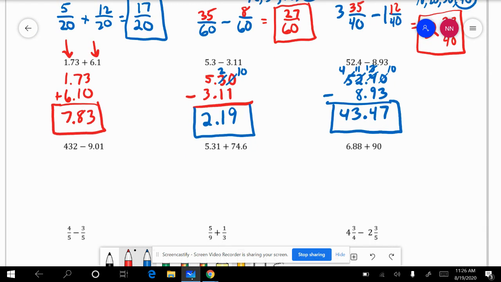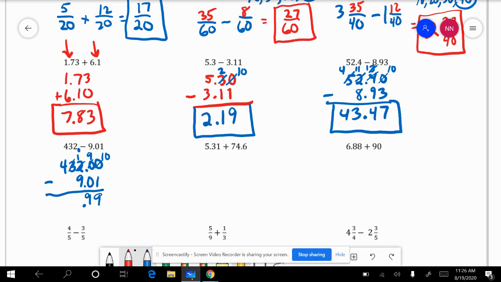We don't have a decimal for 432, so if we don't have one, we know it's at the end. So it would be 432, and then we would have 9.01. Once again, I'm going to put placeholders. I'm going to borrow from the 2, so this becomes a 1, and then we have 9 and 10. So we have 9, 9.